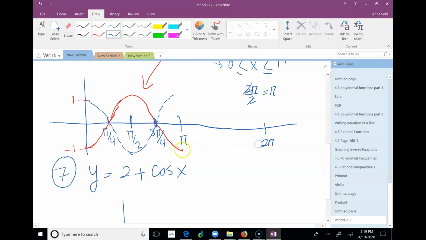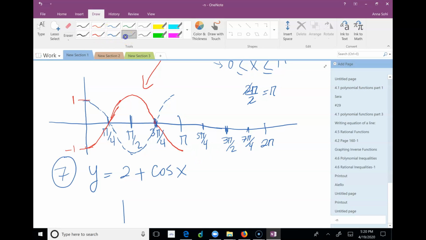If you want to go another period, then you want to find all these increments here and find half of that. Pi and 2 pi is 3 pi. 3 pi over 2 is half of that. Half of pi and 3 pi over 2: you add them and divide by 2, so you get 5 pi over 4, and this is 7 pi over 4.